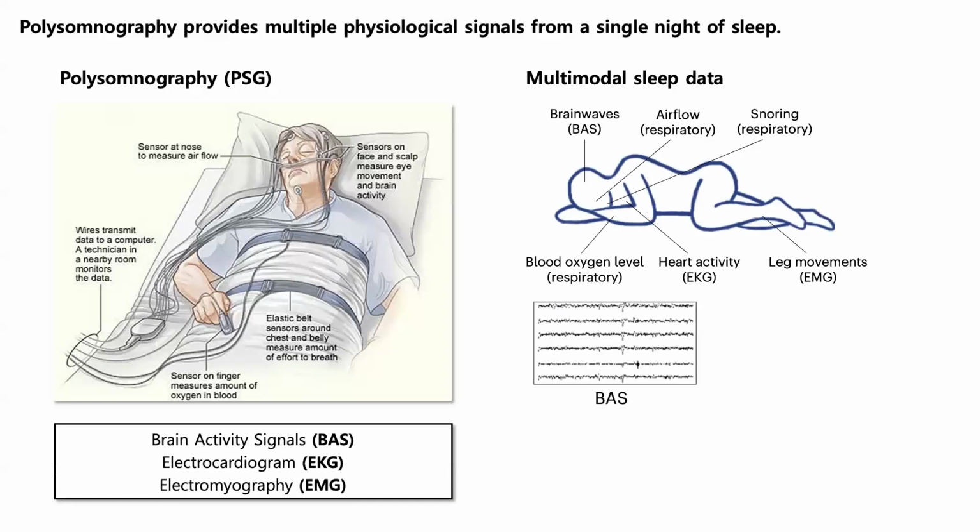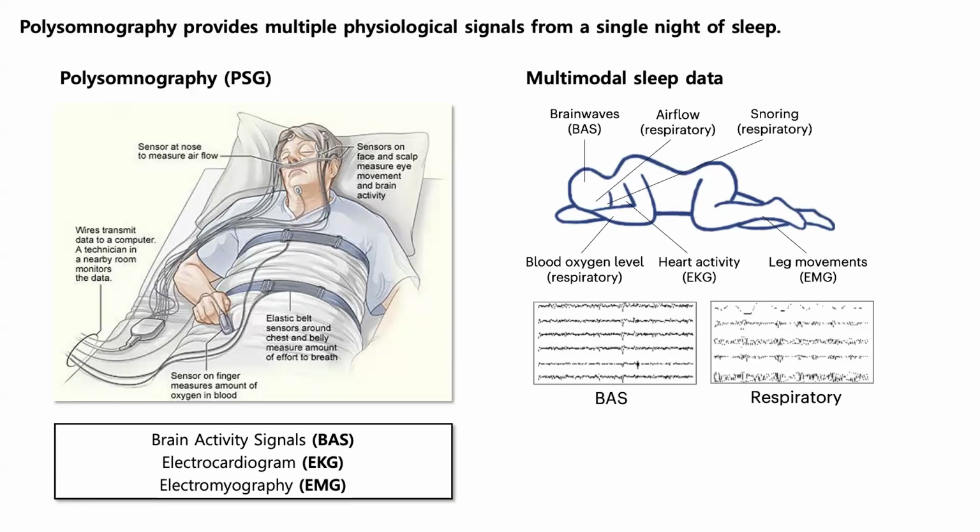Let's check one by one. This kind of signal is called BAS, which stands for brain activity signals, based on brain waves. Respiratory is based on the airflow, snoring and blood oxygen level.